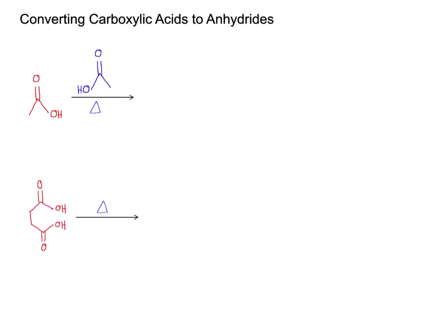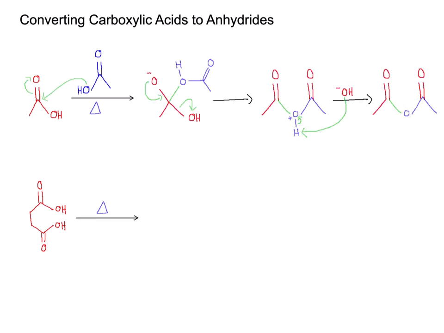Converting a carboxylic acid to an anhydride is possible in certain situations as well. Acetic acid, for example, if we provide enough heat for this endothermic reaction, will react with another acetic acid molecule to create an anhydride. The mechanism is the same as other mechanisms involving neutral nucleophiles, so none of these steps should be anything that's surprising.